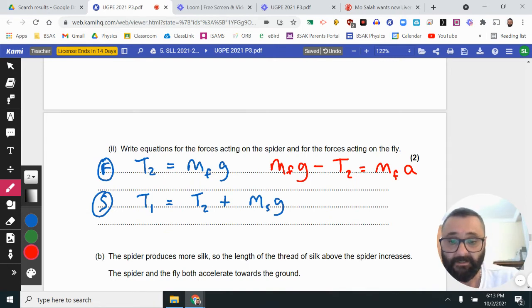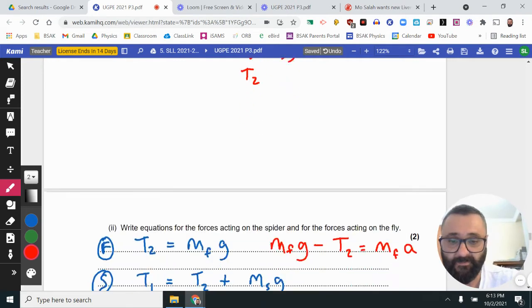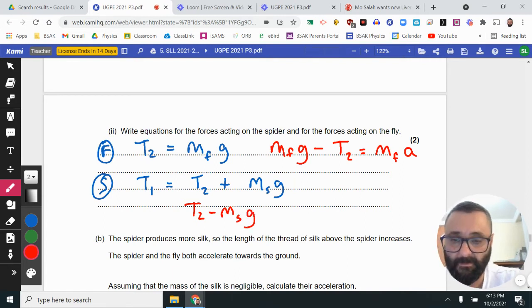For the spider, what forces are going down? The T2 and the MSG. So now the spider is also accelerating down with the same acceleration. So, oh, hang on, T2 plus MSG minus T1.